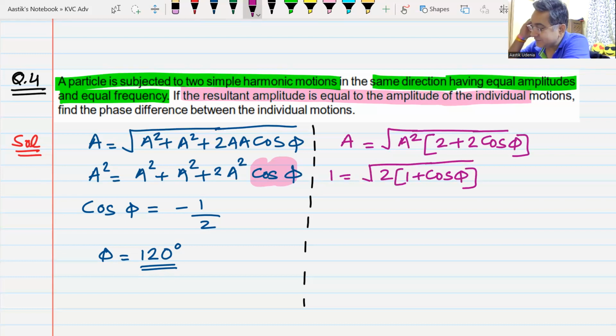Yes. What are you saying? Correct, no? Yes, sir. It is 1 plus cos theta equals to 2 cos square theta by 2.